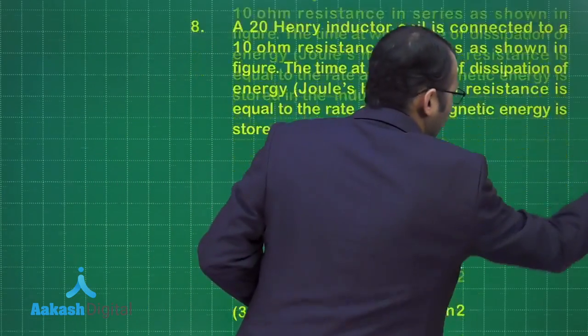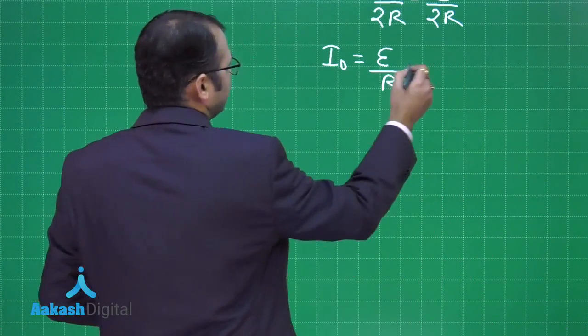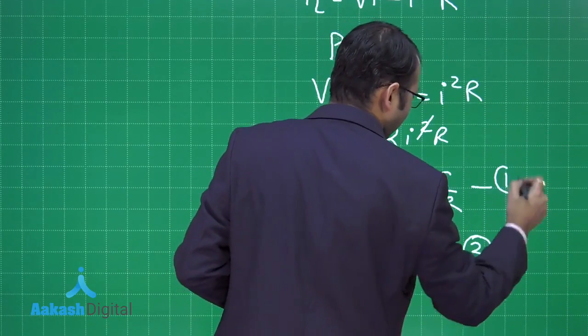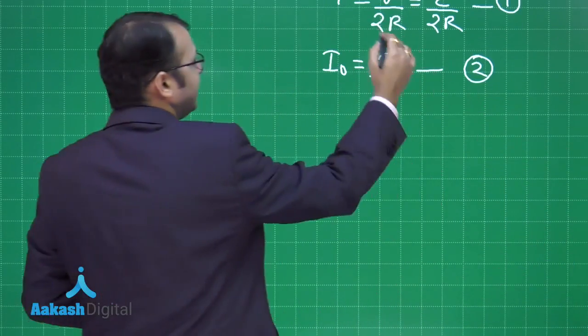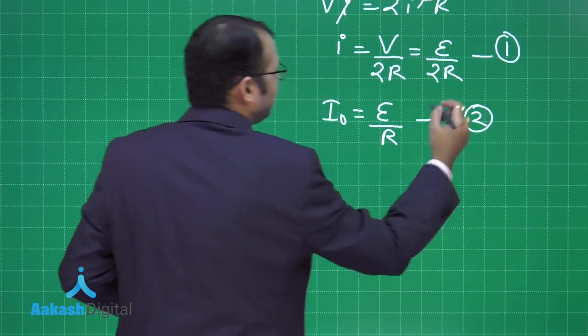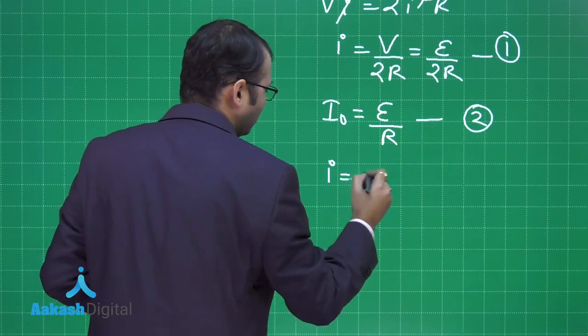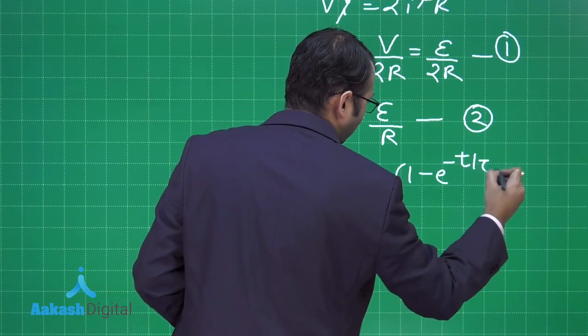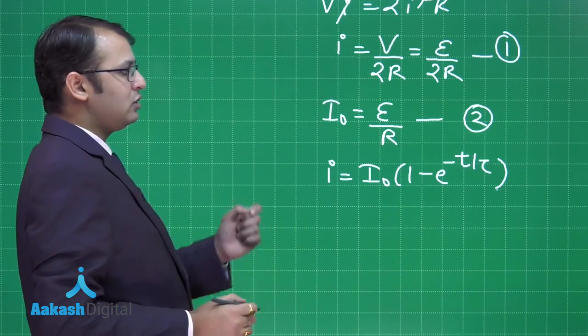So putting the values here, let's mark this as equation 2 and this as equation 1. I have the relation between the current at any time and the maximum current of the circuit as I equals I naught times 1 minus e to the power minus t by tau, where tau is the relaxation time. And what is the value of tau?